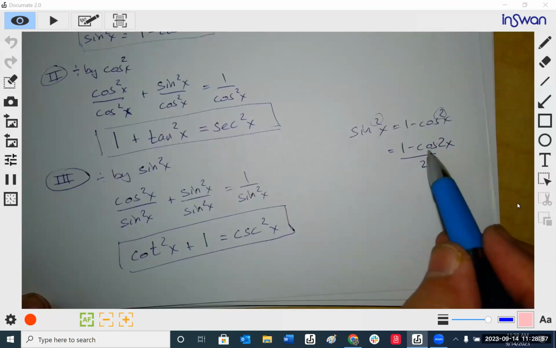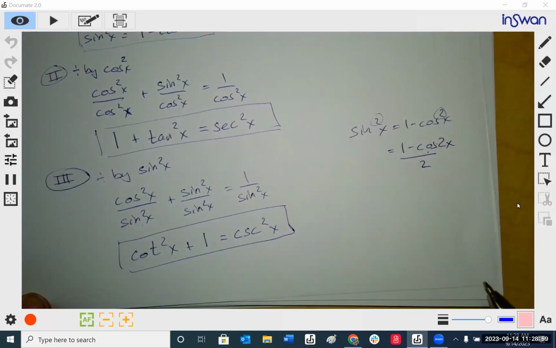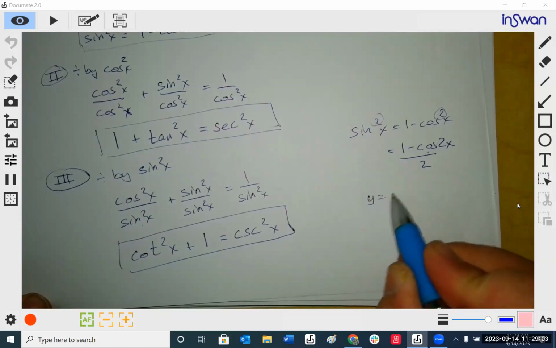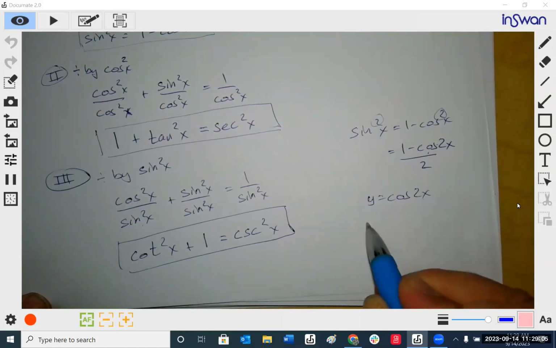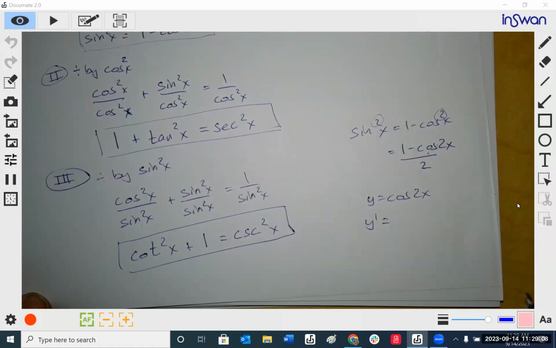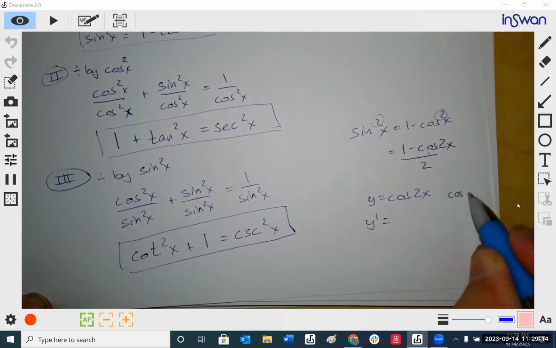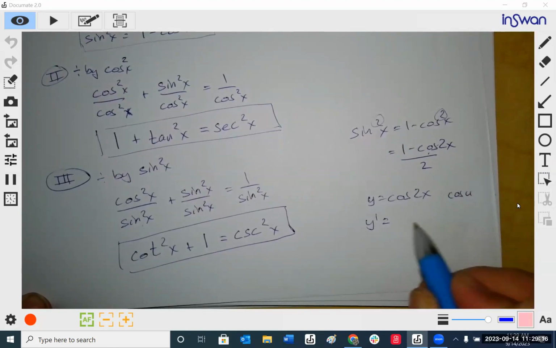See, because here it's much easier. Take the derivative of cosine 2x. If y equals cosine 2x, find y prime. Cosine u. So this would be the derivative of cosine, which is what?